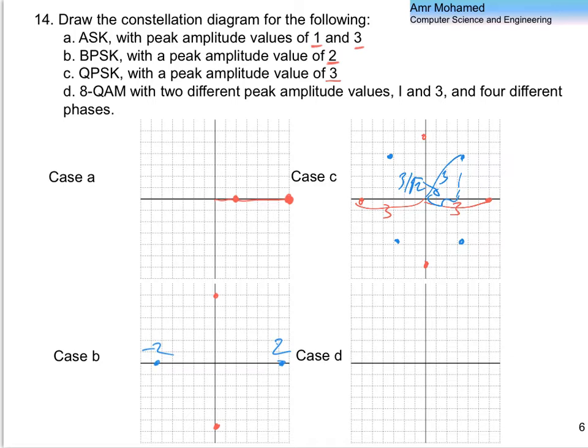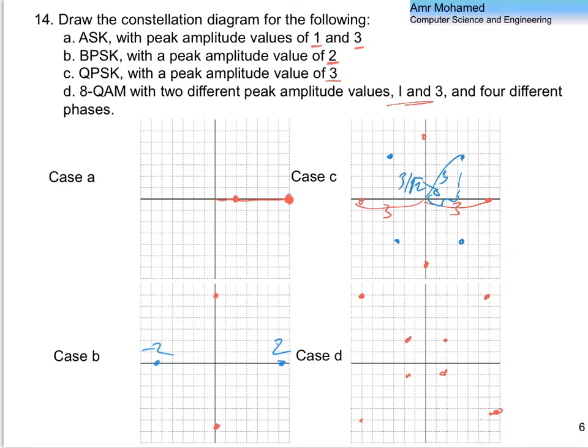So it's like this. So we can put it as this is 1 and this is 3. Those are the two amplitudes. And for this one, we have to use 4 symbols like this. And this one, we have to use 4 symbols like this.